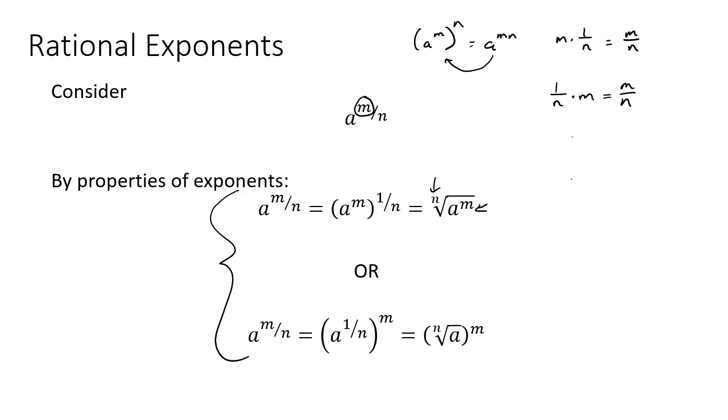You just raise it to that power. The denominator is the index of a root. You take that root. Generally speaking, if you're evaluating these without a calculator, which a lot of the problems we work can definitely be done without a calculator, you'll usually take the root first if it works cleanly, and then raise it to the power, because that just gives you smaller numbers to work with overall.